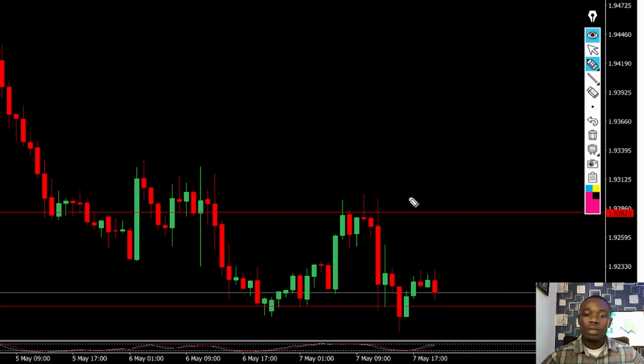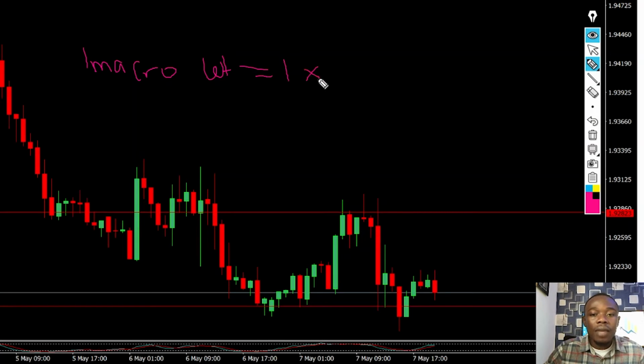Good. We were able to capture 86 pips from this move, and we executed this trade in one micro lot. The value of one pip in a micro lot is $1.